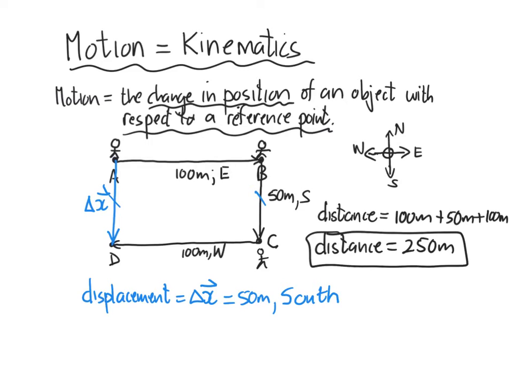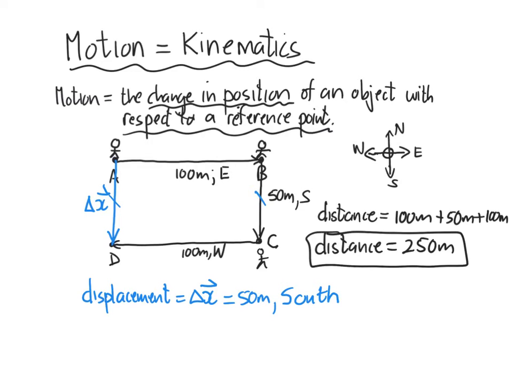So these two quantities are sometimes confused because if the object is moving only in a straight line, then the magnitude of the distance and the magnitude of the displacement will be the same.